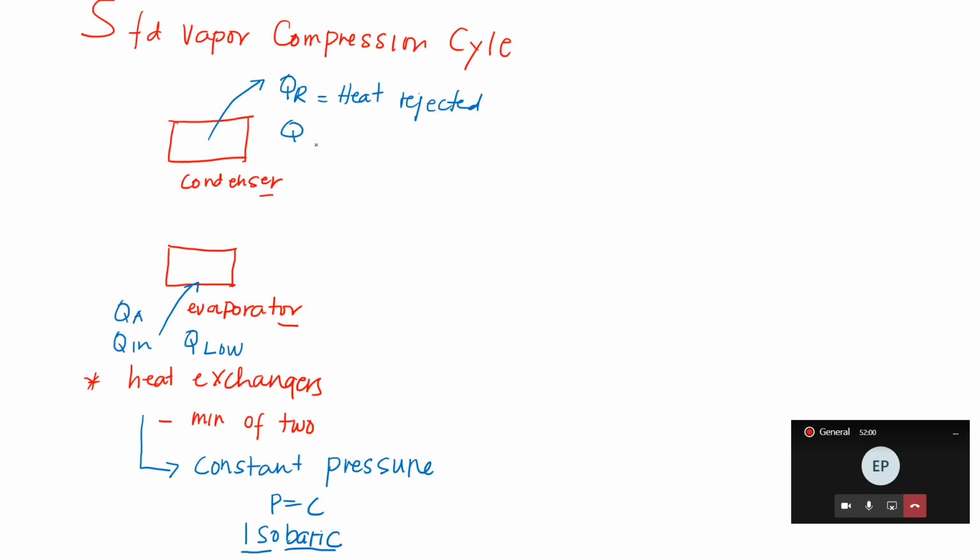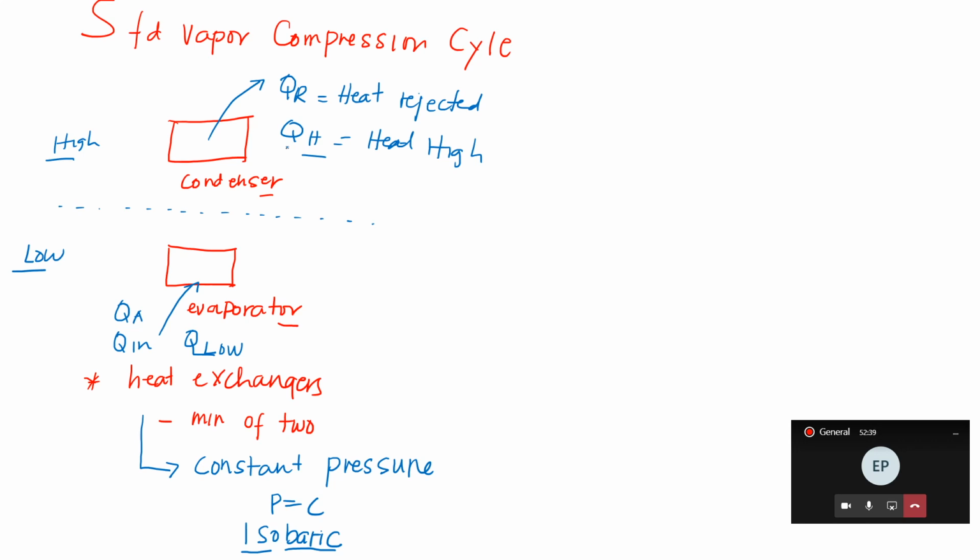We have low, Q L, and Q H. What is Q H? Heat high, meaning heat in the high side. Because if you put a line that divides the region into two, the condenser side is the high side and the evaporator is the low side. That's why low Q L, high Q H. So, those are the two.